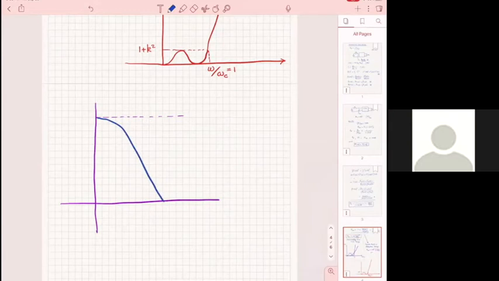And for the equal ripple, if this was again the 1 point, that was omega over omega c being 1, then the other one would look like this, and maybe with more drastic improvement in performance. So it would look more like that, okay?